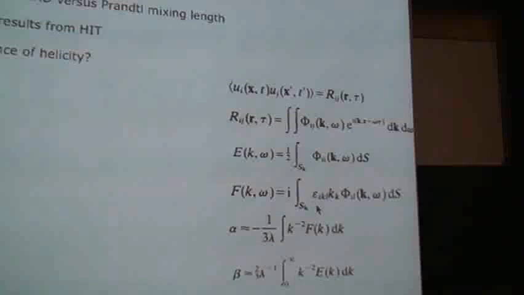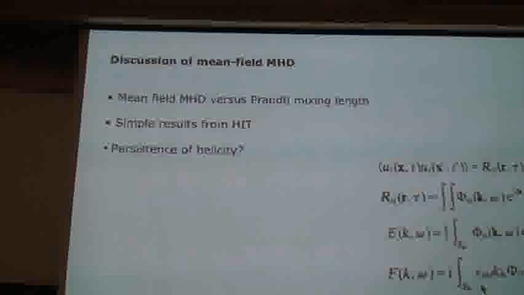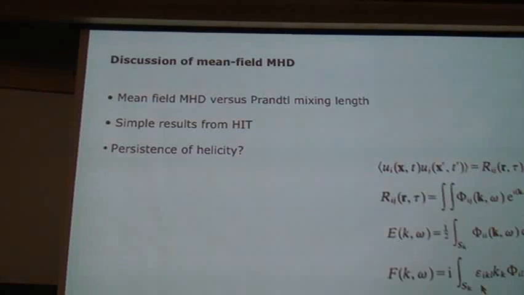Whereas that persistence of helicity is what I was mentioning yesterday, it changes dramatically if you add rotation. Either in the experiments where people have done grid generated turbulence or helicity injected with little propellers, and then you start a rotating flow, then you see a strong persistence of that.